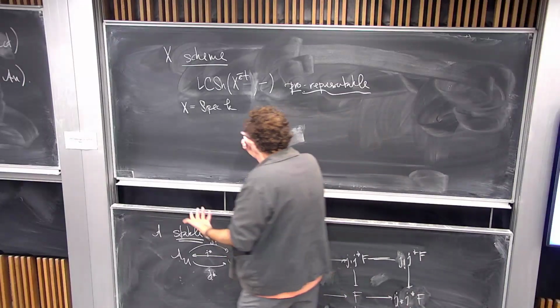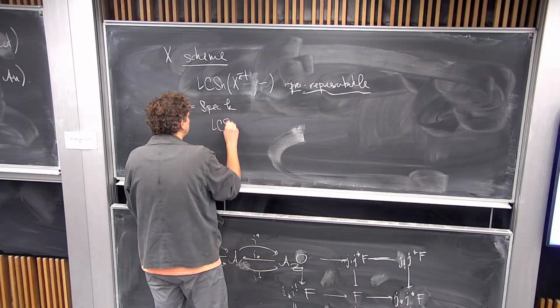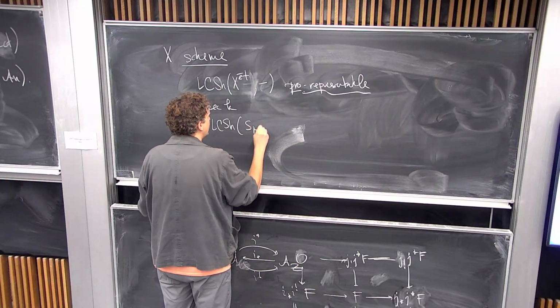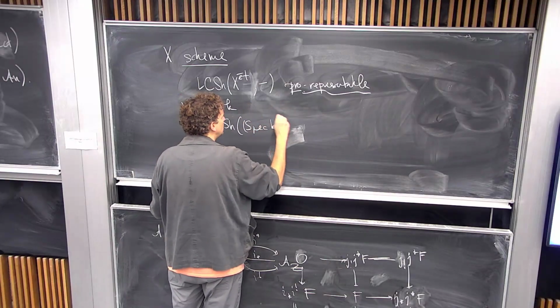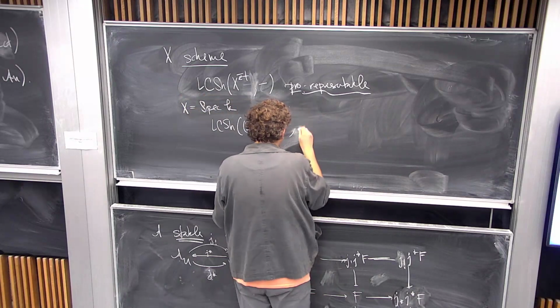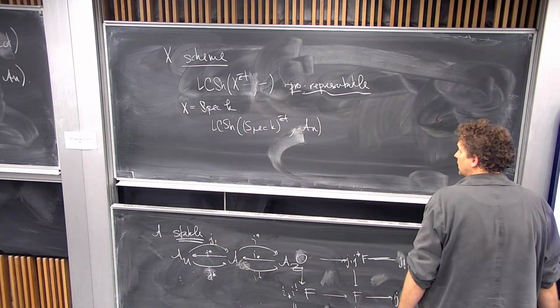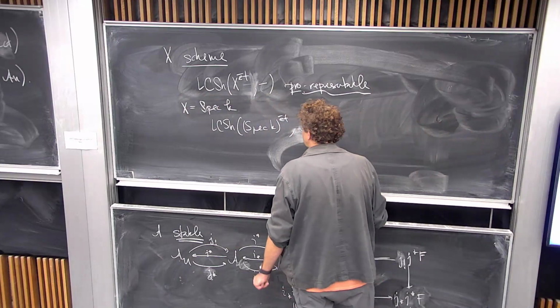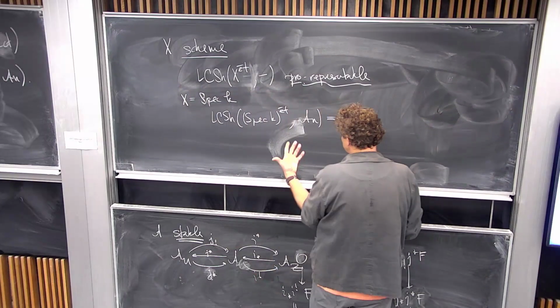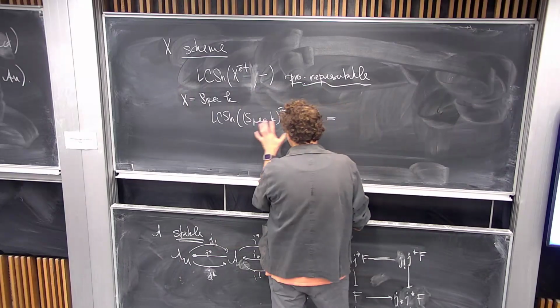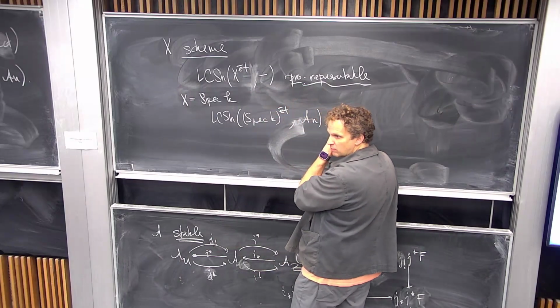And so the question is, what are locally constant sheaves on this thing with the étale topology? Let's do it again for anima. If you do it for anima, you can do it for anything. Well, they're just spaces with an action of the absolute Galois group of K.